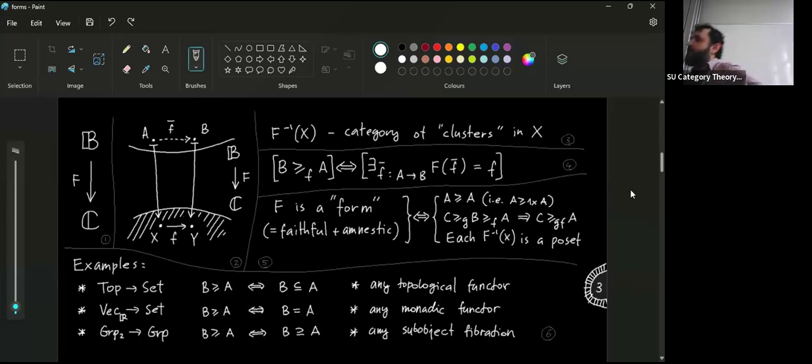Amnestic says that if you have an isomorphism in the fiber that maps down to the identity morphism, that isomorphism must also be the identity, which amounts to saying, you see, faithfulness guarantees that the fibers are preorders. And this condition, amnesticity, amounts to saying that these preorders are actually partially ordered sets. So antisymmetry holds. If X is less than Y and Y is less than X, then they must be equal.